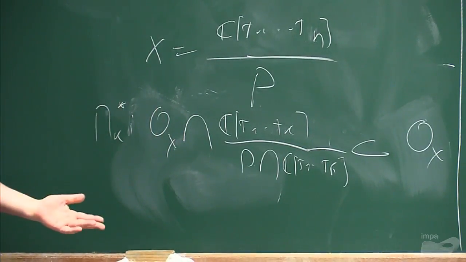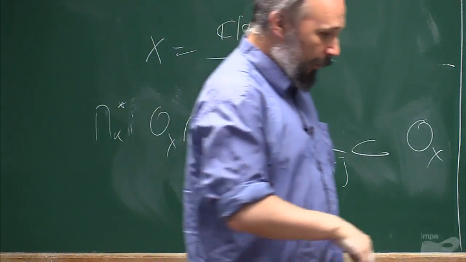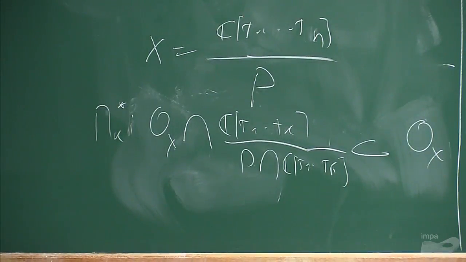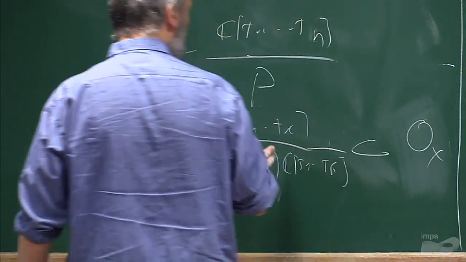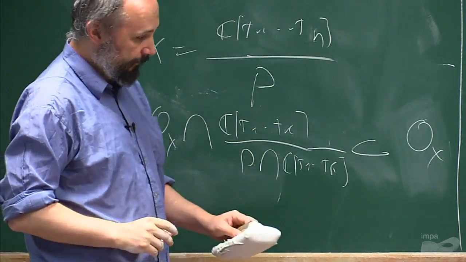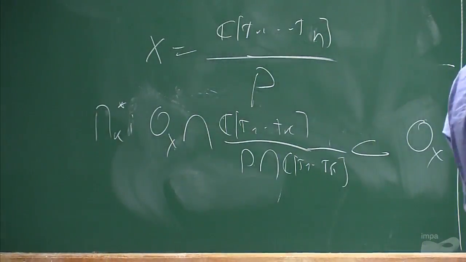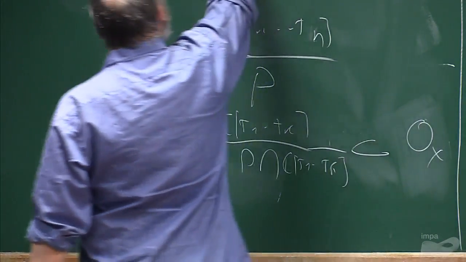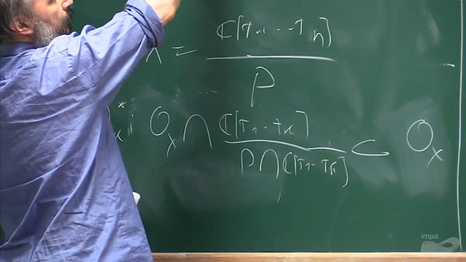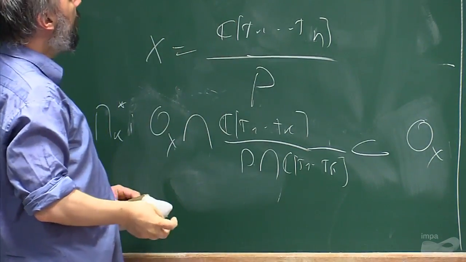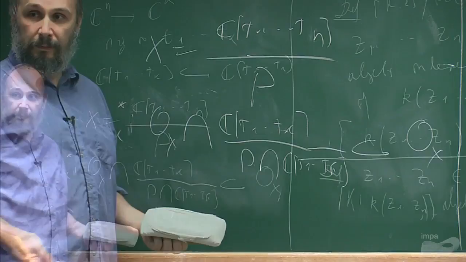Projection is just a forgetful map. You had certain functions. Now you forget about all functions which are dependent on Tn, because if you look at here, these are the functions which are independent of the last variable.